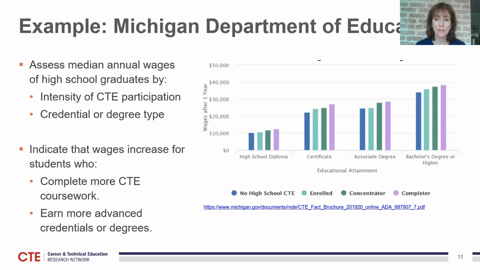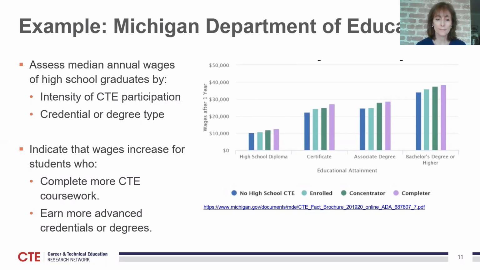Then again, if they continue on to earn a certificate or other kind of credential, again, they tend to earn more than those who didn't have any CTE at all, or those who just enrolled in some coursework. And again, these aren't causal. We can't be sure that being a CTE completer causes these higher wages. It's very possible that that's the case, but these data can't show that for sure.